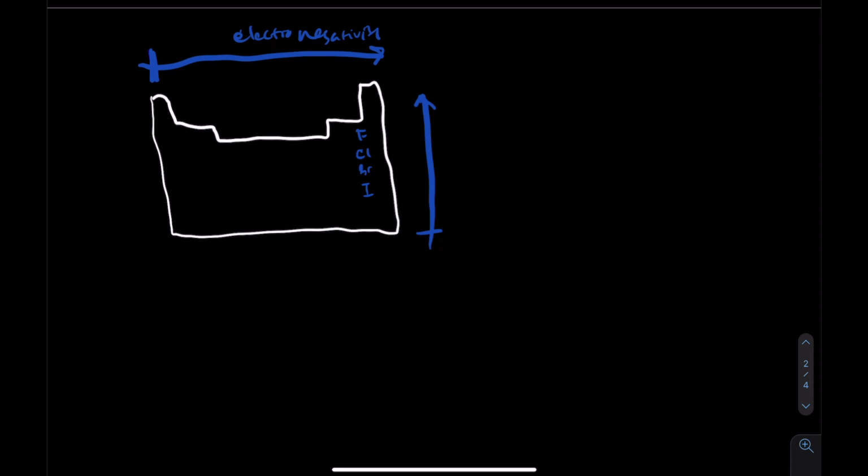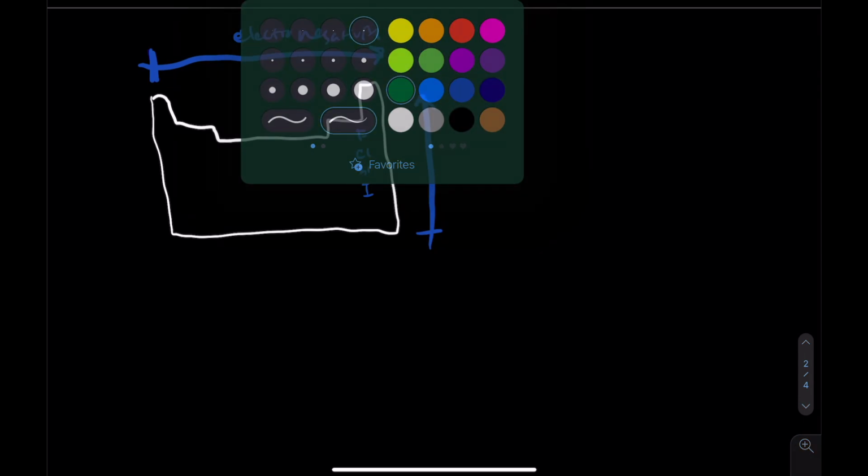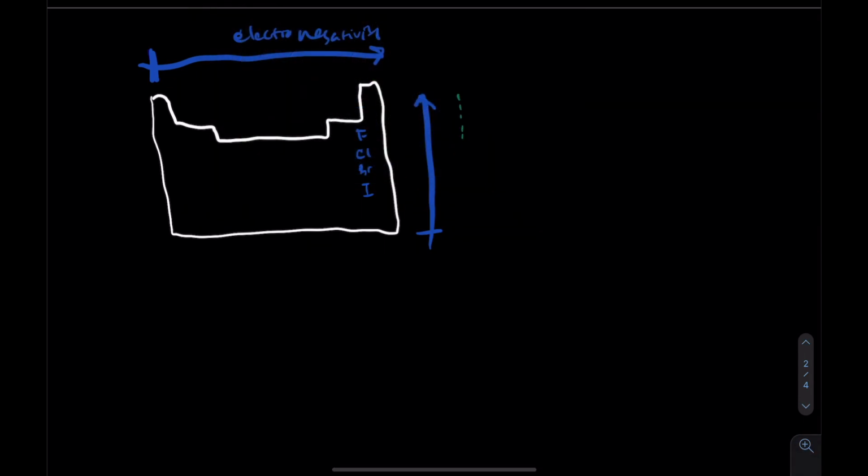On the other hand, softness is related to size. The bigger and the fatter an atom is, the softer it is. Okay? So in that case, if we were going to draw softness, we would actually start going this way. So in addition to being more electronegative, iodine is actually softer, and bromine is softer, and chlorine is harder, and fluoride is very hard. And what does softness have to do with nucleophilicity?